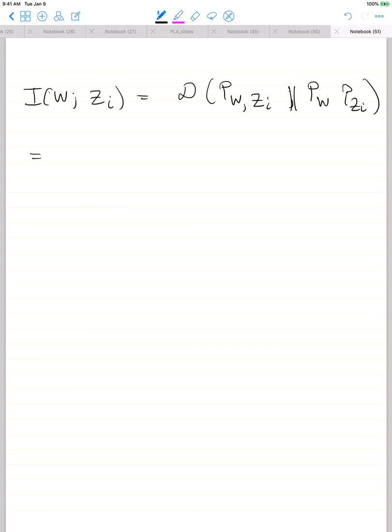And also we can write it as the expectation over W of the relative entropy between P of Zi given W equals W and P of Zi. You have seen all this before. So now I will start by applying the Donsker-Varadhan lemma to this term and then choosing the function f properly.